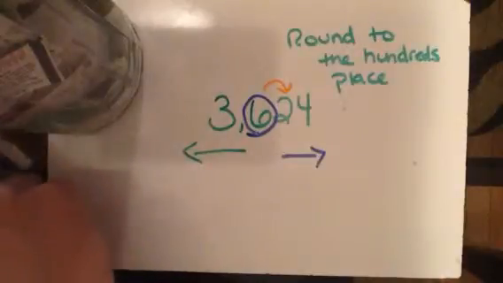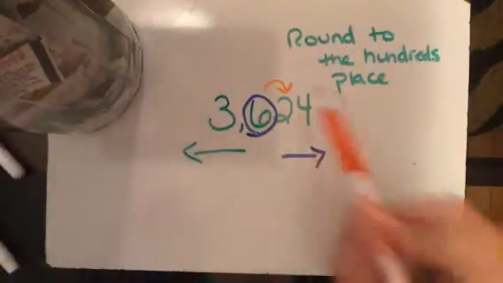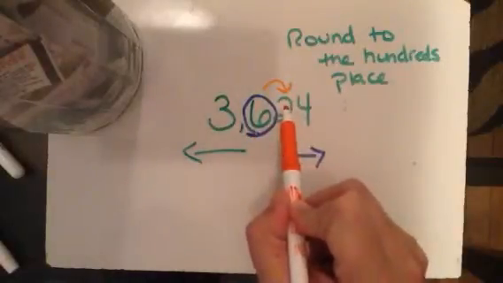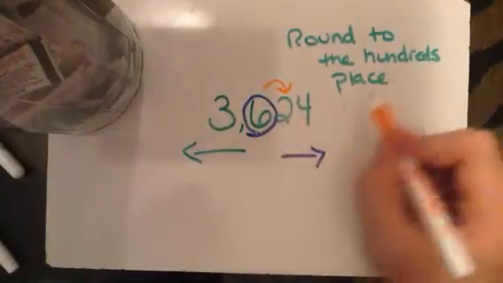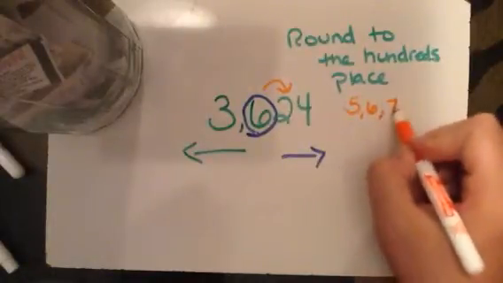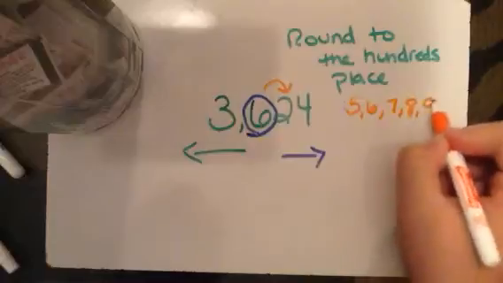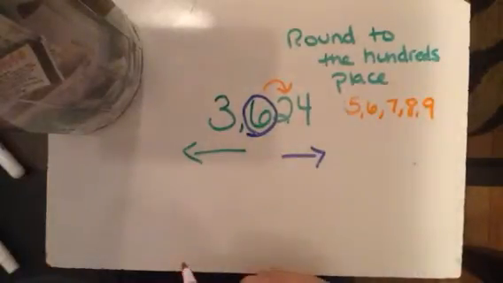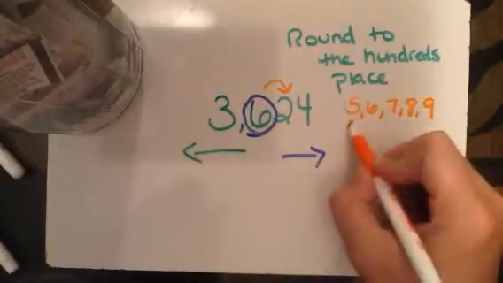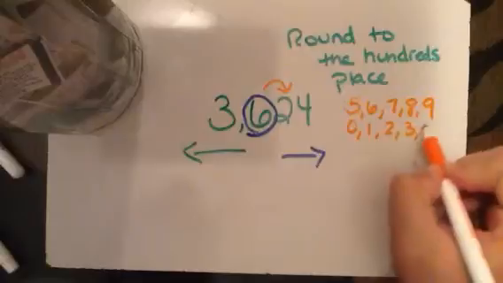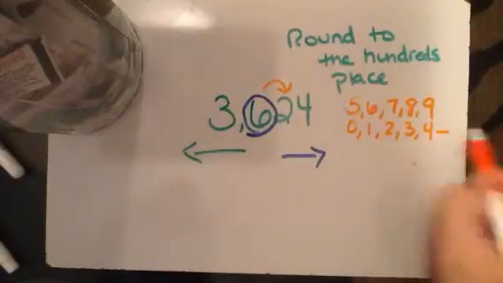So if we were to look at this number, 3,624, we're rounding to the nearest hundred. We circle the 6. We look next door to the 2. 5 or greater, which is 5, 6, 7, 8, or 9, add one more to the circle. If it is 0, 1, 2, 3, or 4, it stays the same.